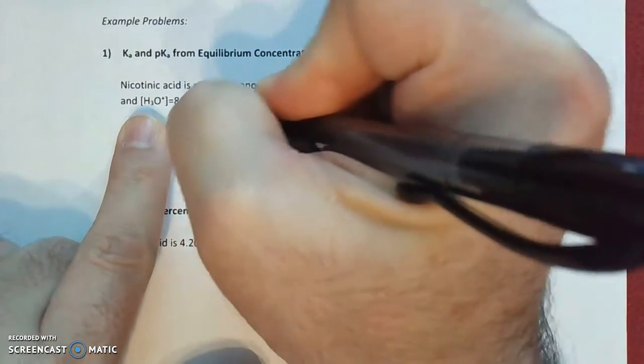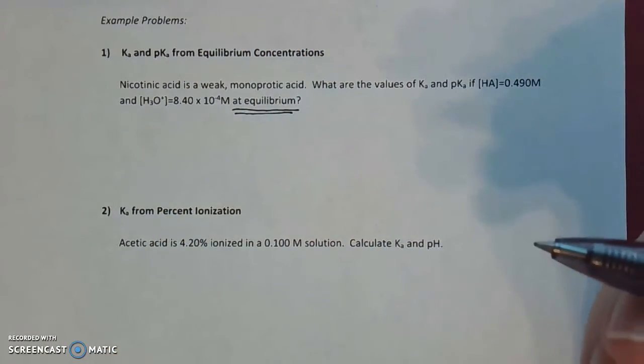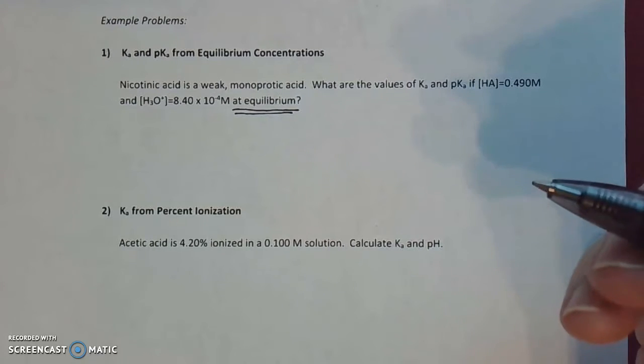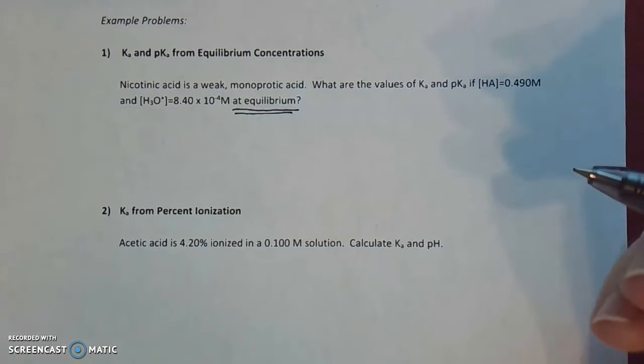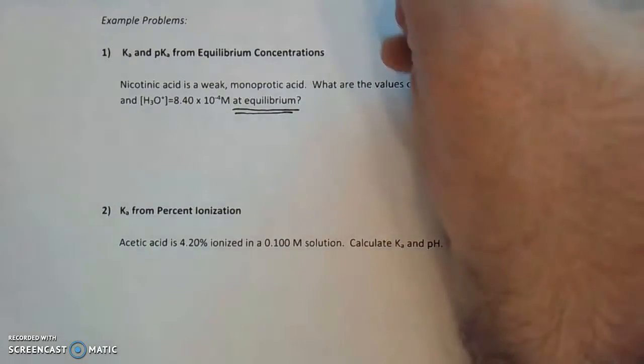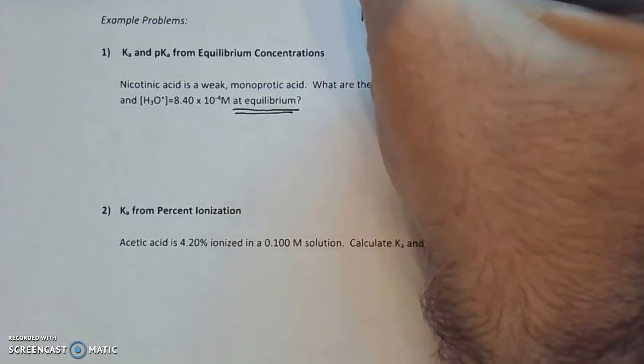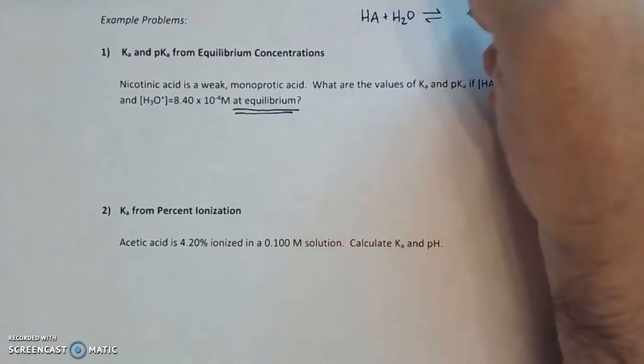If you see this phrase here, at equilibrium, we don't have to do any long problem. We just have to plug in values. In all of these problems, if it is a weak monoprotic acid, we can use this general equation because we don't even have to worry about what nicotinic acid is.